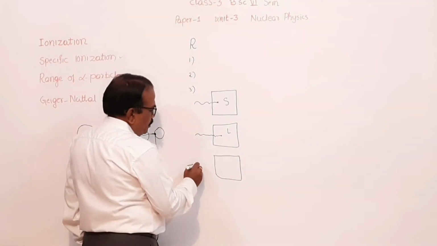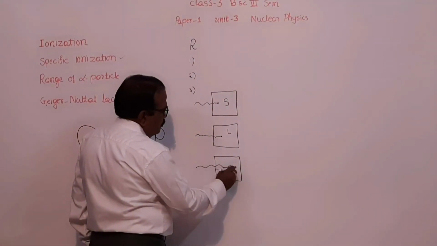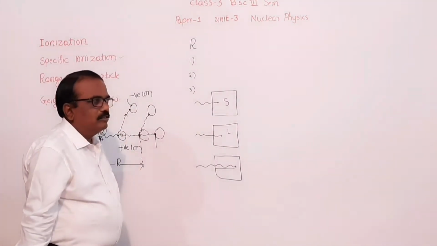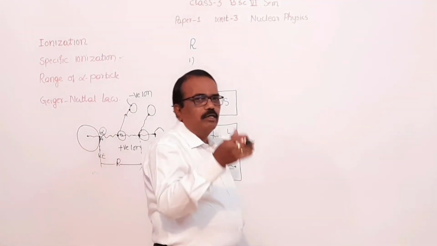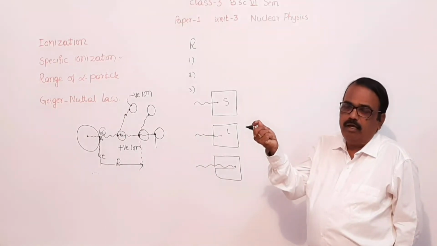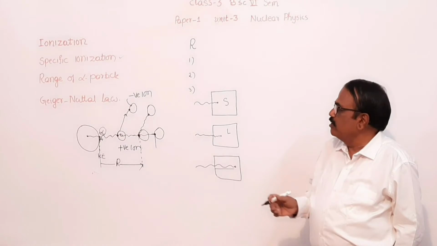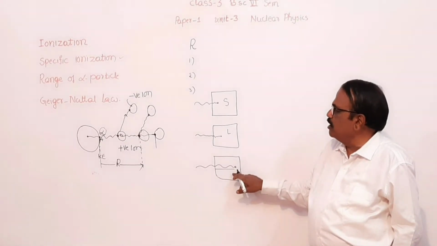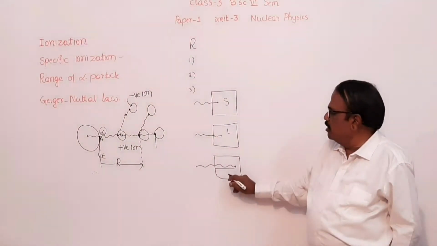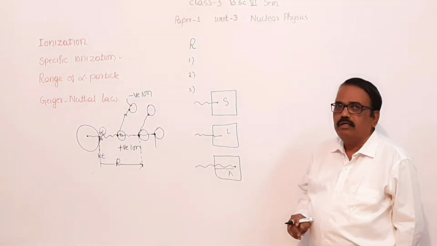So when alpha particle travels in the air medium, it may traverse longer distance. When alpha particle enters the material medium, that material medium absorbs the alpha particles. That means the range is maximum in the air medium and it is minimum in solid and liquid.